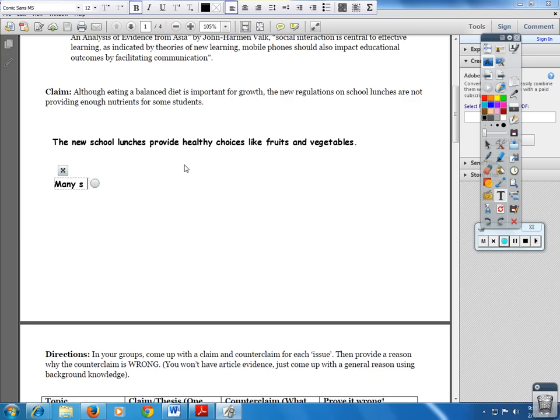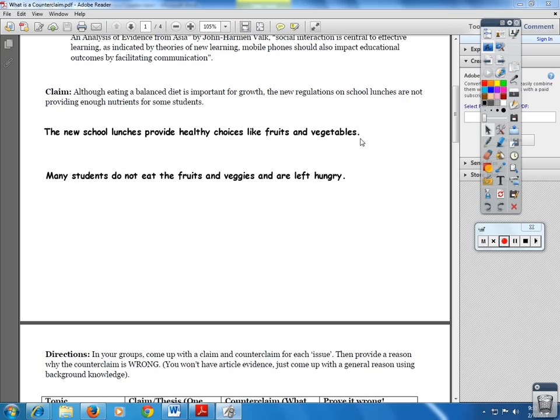So I say many students do not eat the fruits and vegetables and are left hungry. Okay, so it's kind of like a back and forth kind of argument here with counterclaim.